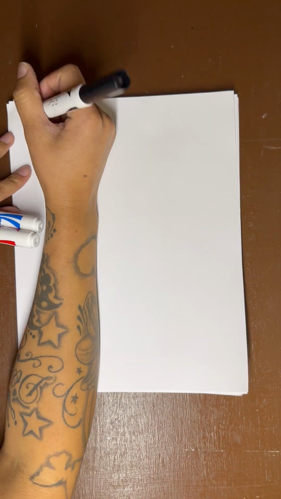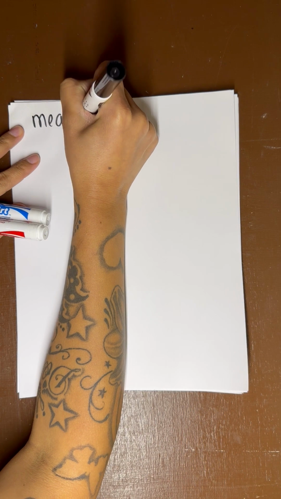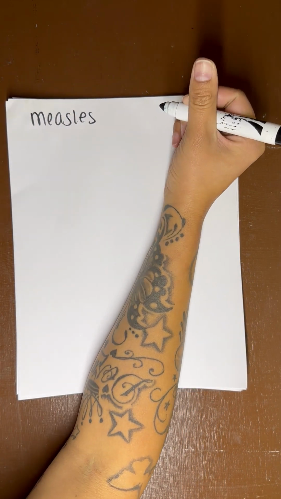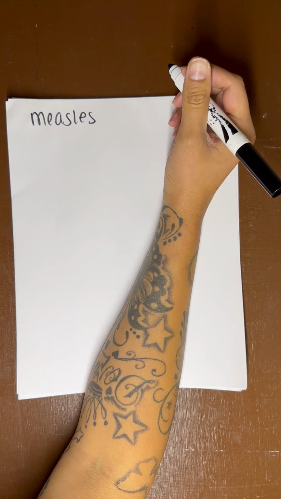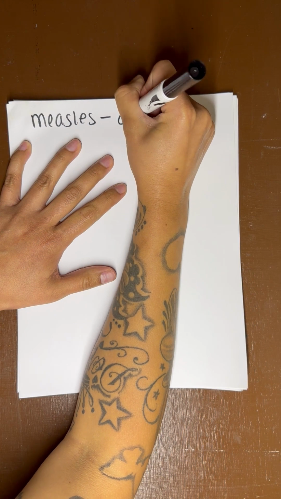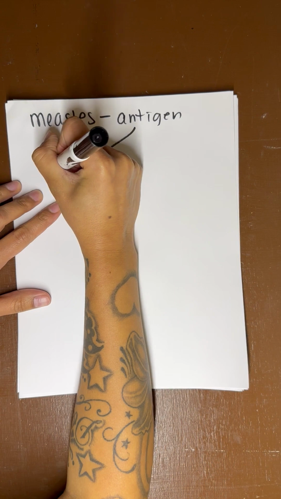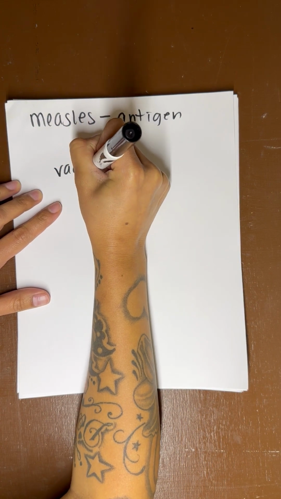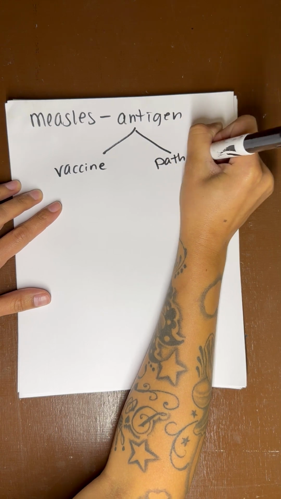When we look at adaptive immunity, we can look at the measles virus. During adaptive immunity, someone is exposed to an antigen from either a vaccine or the actual pathogen.